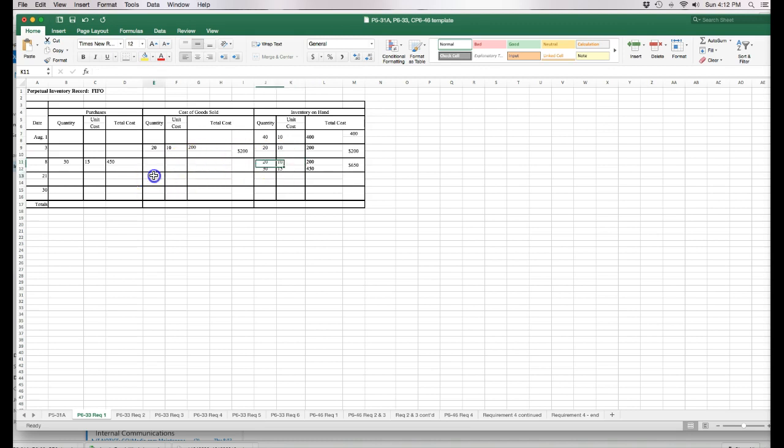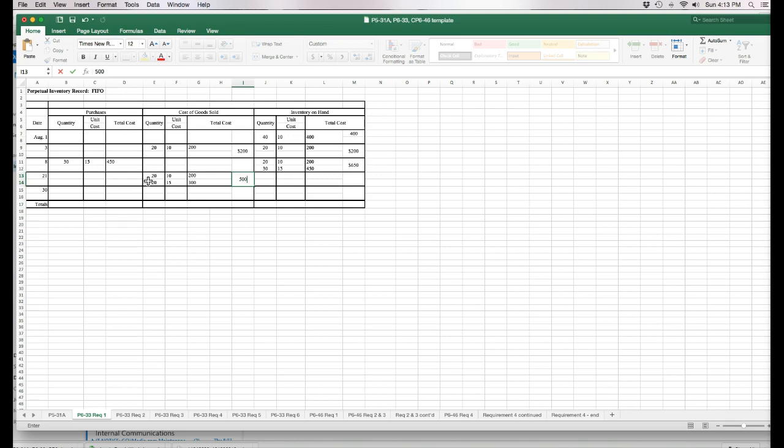So for our cost of goods sold, we're going to take 20 units at the $10 for $200, and then the other 20 are going to come out of the batch that cost us $15. That's $300. That would be a total of $500.